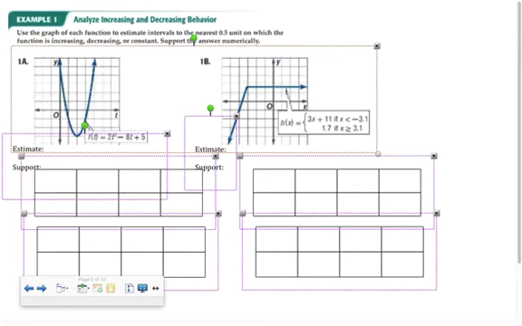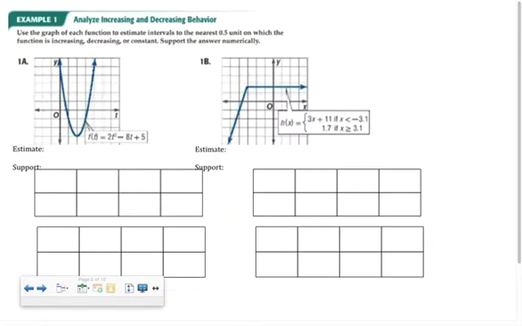So here we're being asked to look at the graph to estimate whether a function is increasing or decreasing or constant, and to support our answer numerically.